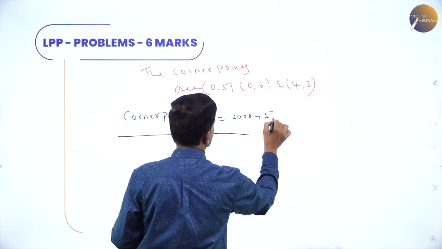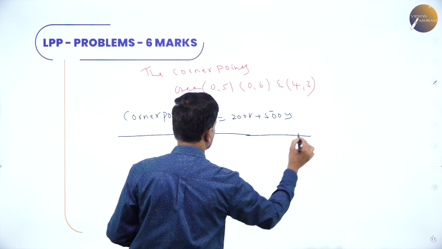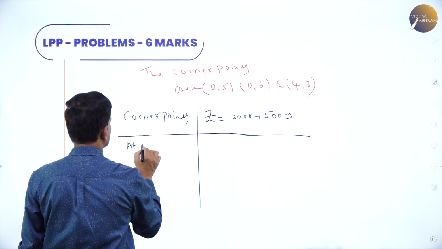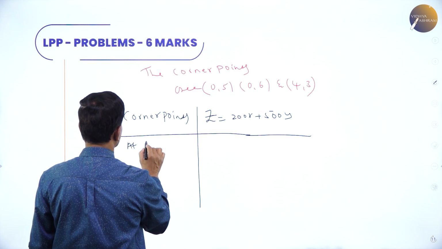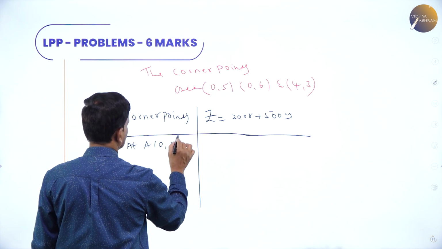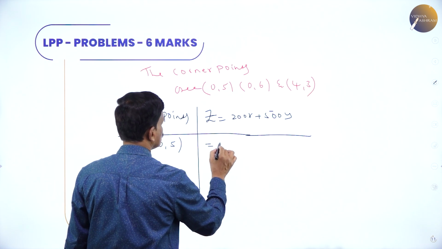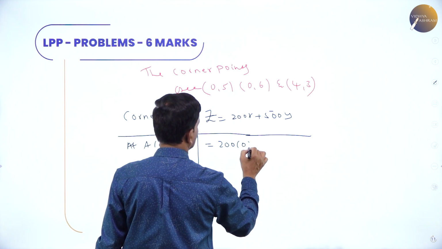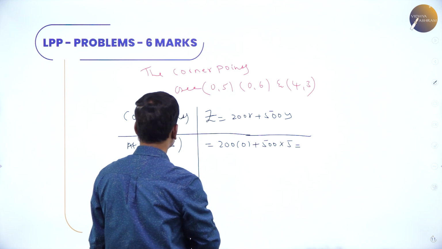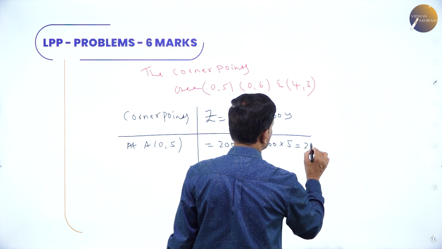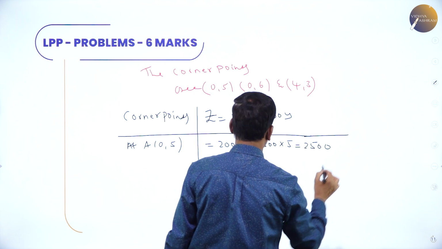Substitute 200x plus 500y at the first point A, 0 comma 5. This is 200 into 0 plus 500 into 5, so 0 plus 2500 is 2500.